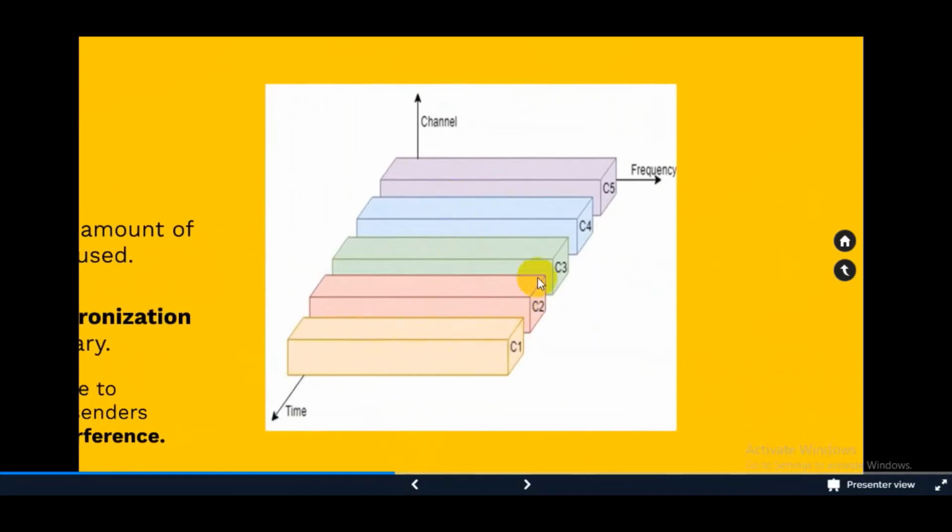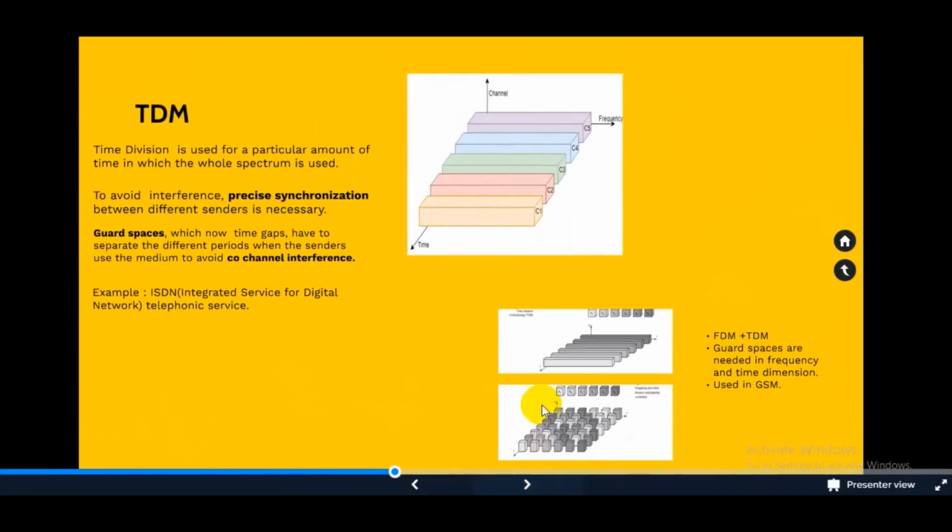The senders need to have precise clock timing for when an individual channel is going to transmit data, but the synchronization between sender and receiver is also necessary. The receiver who wishes to receive the data also has to have precise synchronization with the sender. So these two types of synchronization are essential when TDM comes into the picture.